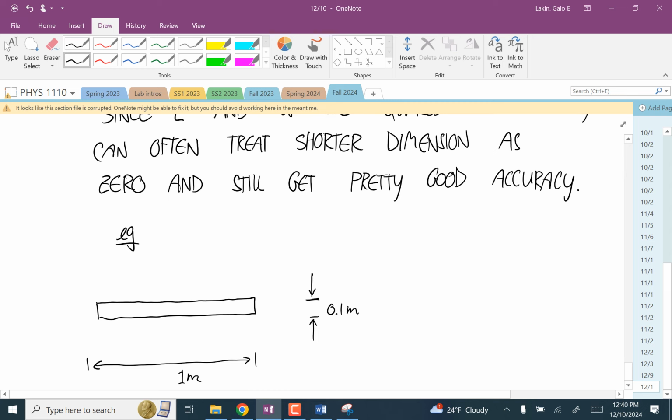Okay, so the width here is 10% of the length. Those don't seem like that drastically different. But let's calculate, and let's say that the mass here is 10 kilograms. And let's put the hinge at the center. You'd get something similar no matter where you put that.